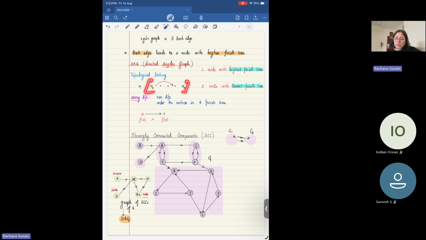I'll be left with another directed acyclic graph. Again, identify a source vertex, and so on and so forth. So what it means is that the first vertex has to be a source vertex in the graph. Now compare it with the algorithm that we discuss over here. We run DFS and then order the vertices in decreasing order of finish time. So of course, the first vertex in the ordering has to have the highest finish time, and it must be a source vertex.